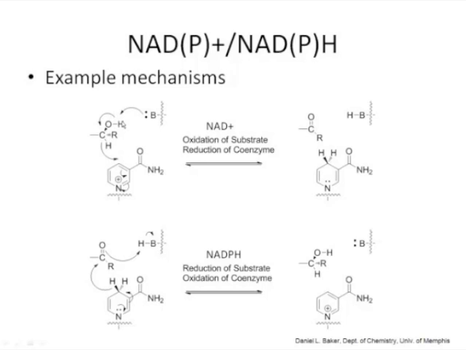Okay, so two more examples here. Here we've got an alcohol being converted to an aldehyde. If this R group is a hydrogen, it's an aldehyde; if it's a carbon, then we've got an alcohol going to a ketone. But in the enzyme, you're going to bind the cofactor, and we're just showing the business end here. So this is the nicotinamide portion of the cofactor. Because this is the oxidized form, it's most likely going to be NAD+. So we've got a general base in the enzyme active site that's going to grab this proton.